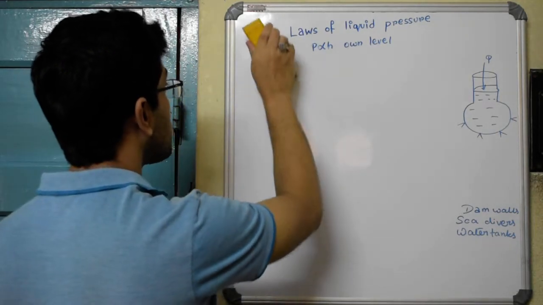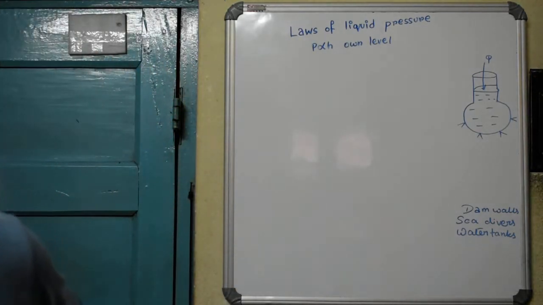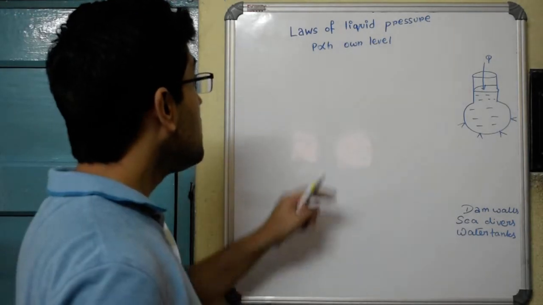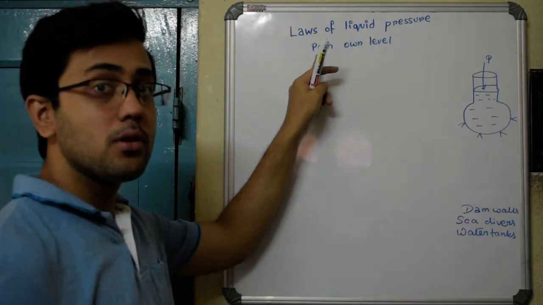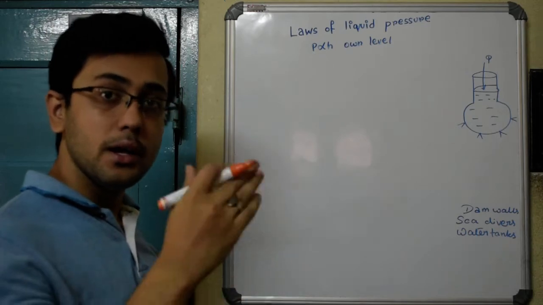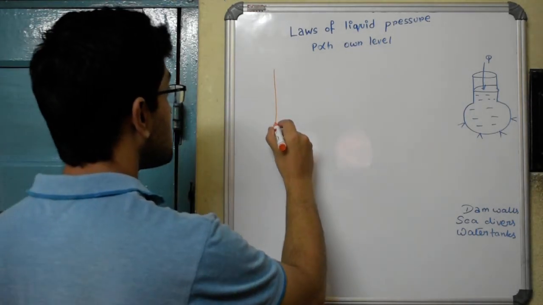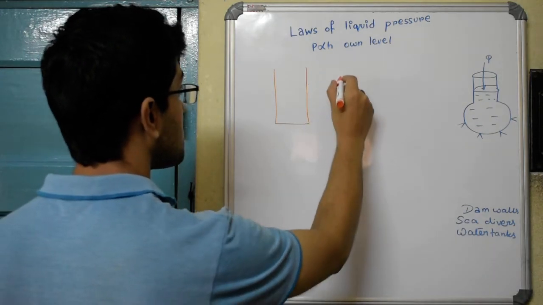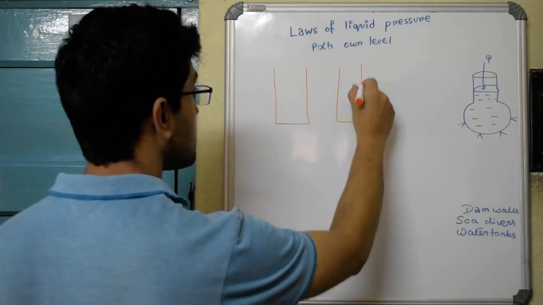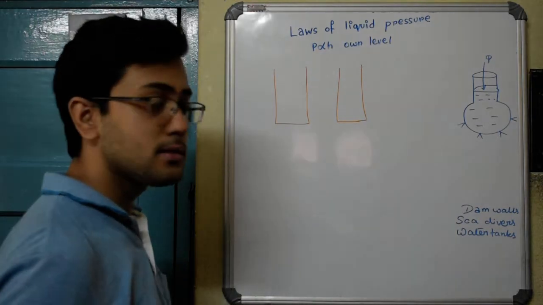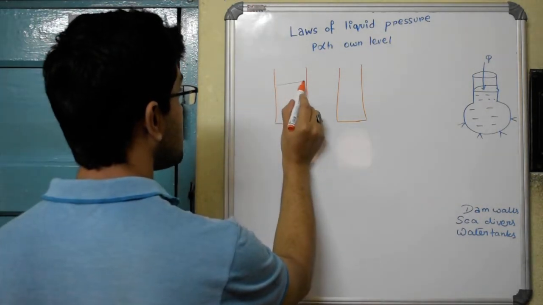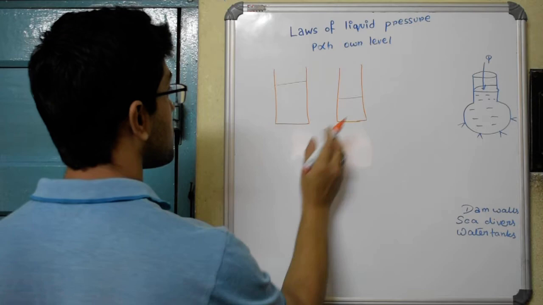The next consequence or the next law of liquid pressure is that the pressure exerted by a liquid column is directly proportional to the depth of the liquid column, which means, again, consider 2 glasses like this. Say in one glass I take this much liquid and in the other glass I take this much liquid.